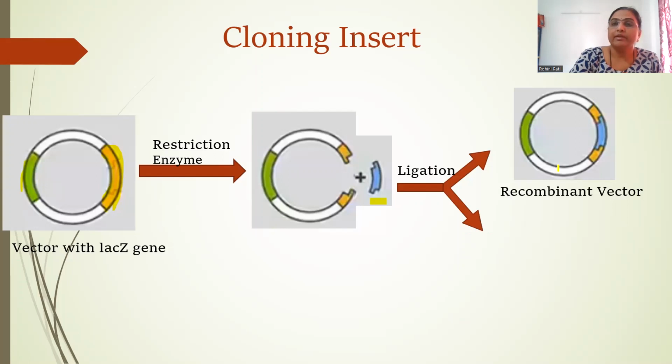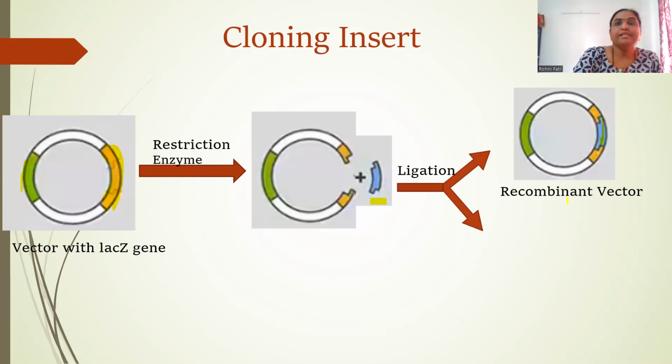This is the vector, and this blue color is the insert. The insert has been ligated with the pUC18 vector, and this is called a recombinant vector, a recombinant DNA molecule.